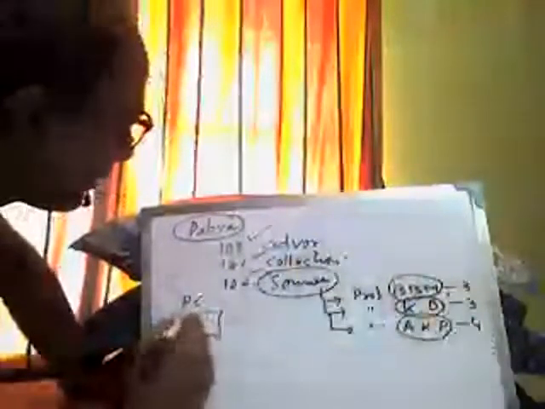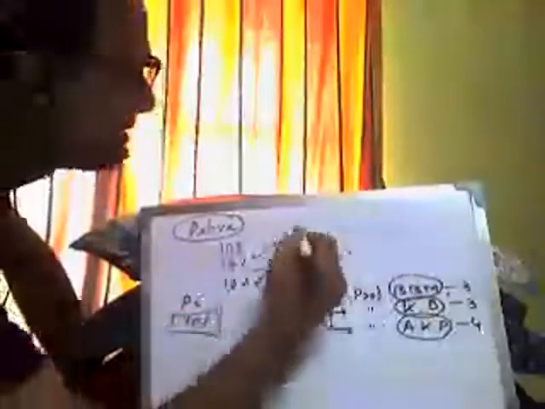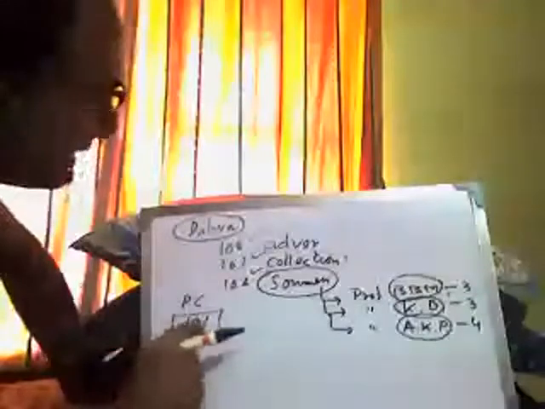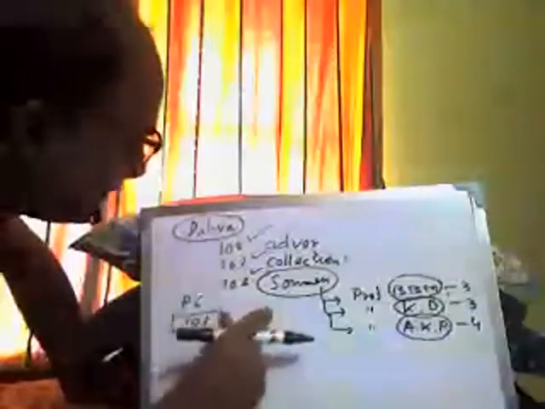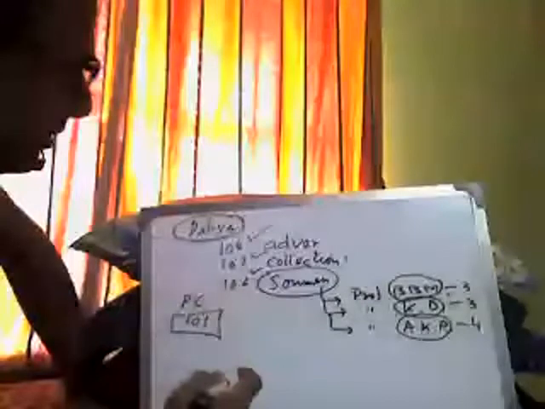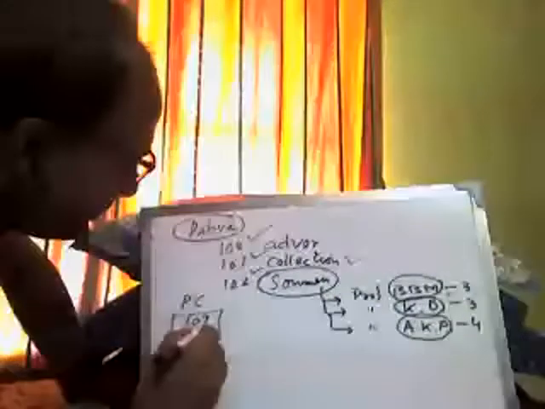Now the program counter address stored here is 101. That means this instruction is running, but the address in the program counter is 101, where the next instruction will be executed. Then when that instruction runs, it will be incremented to 102, and when 102 runs, it will be incremented to 103.